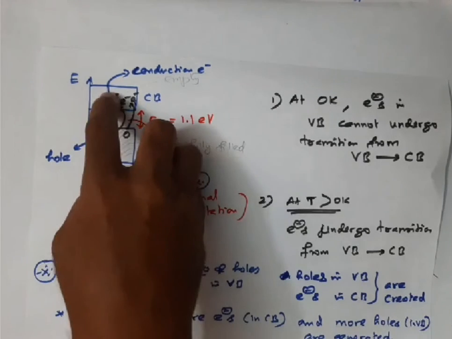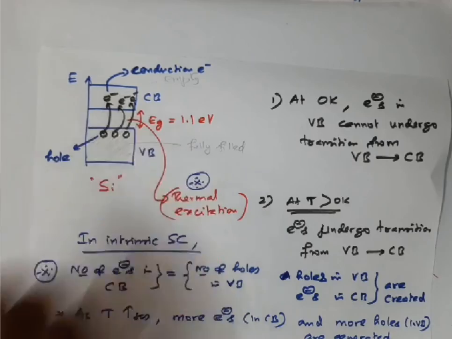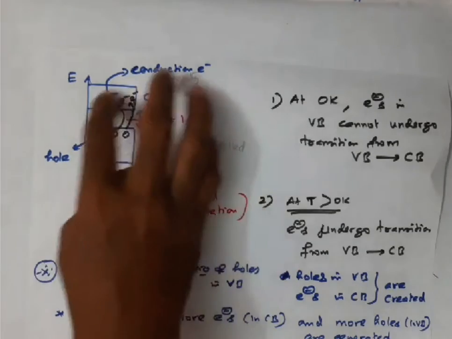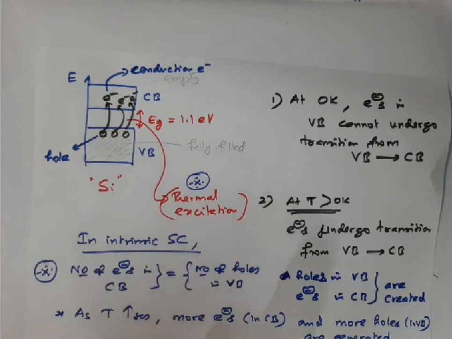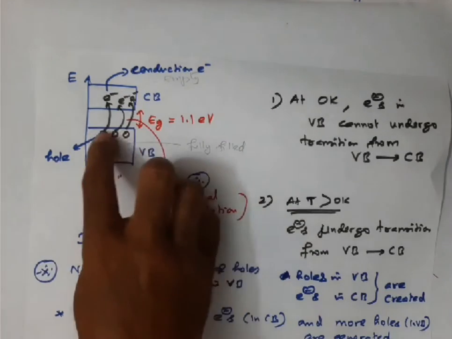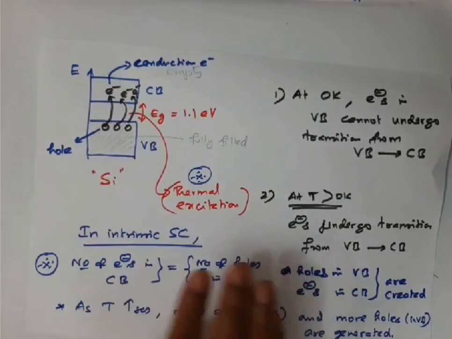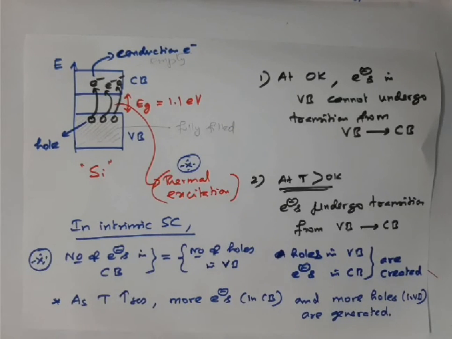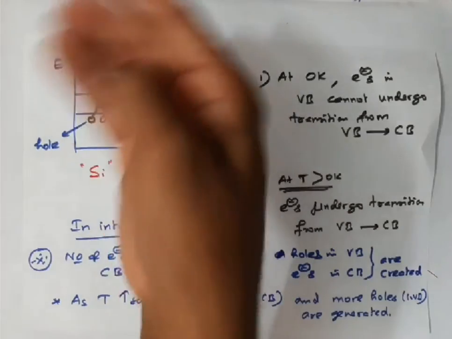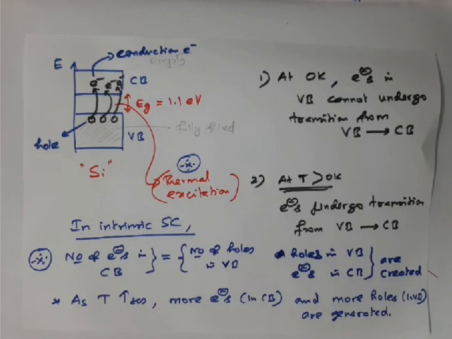Right? When one transition occurs, I will get one hole in the valence band, one electron in conduction band. Since in intrinsic semiconductor, this transition occurs only because of thermal excitation, number of holes in the valence band and number of electrons in the conduction band must be equal. And if you increase the temperature further and further, you will get more electrons in the conduction band, more holes created in the valence band.